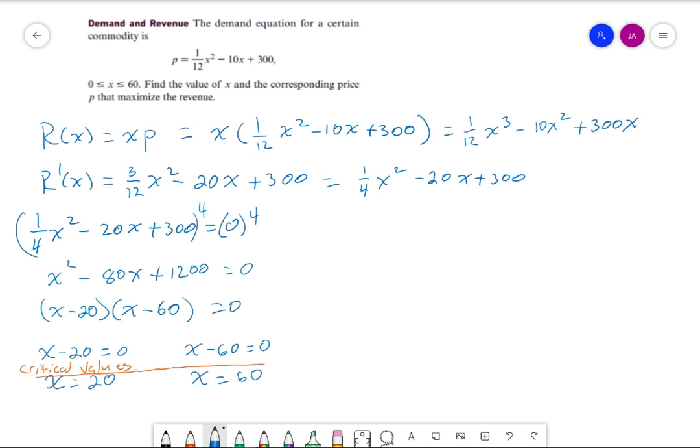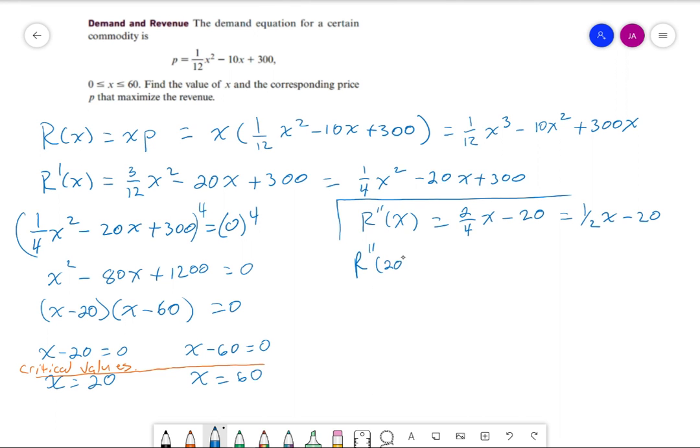So let's actually try that. So let's find R double prime. R double prime of x is going to be 2/4 x minus 20. And so that's 1/2 x minus 20. And so then if I take these two critical values, plug them into the second derivative, let's try R double prime of 20.